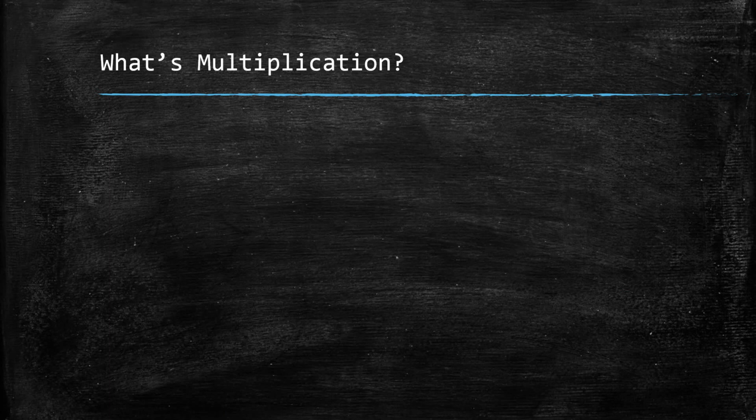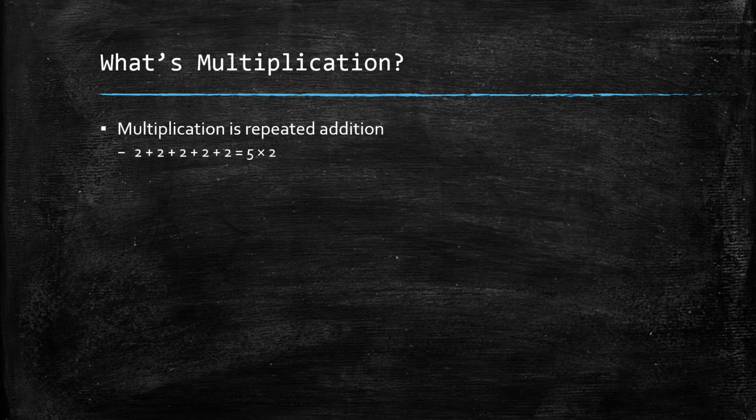What's multiplication? Well, multiplication is repeated addition. So what does that mean? Well, if we look at an example, 2 plus 2 plus 2 plus 2 plus 2, we can express that as 5 times 2 because we're adding 2 5 times.